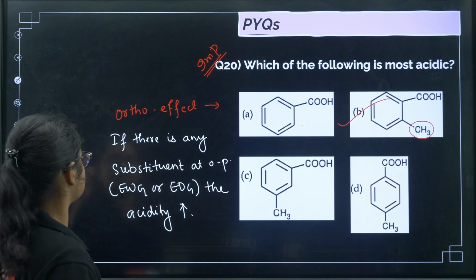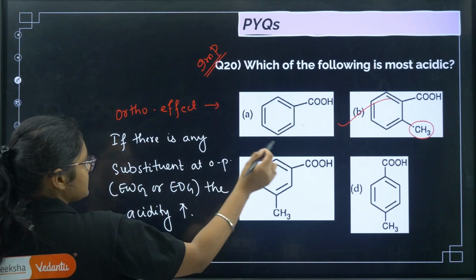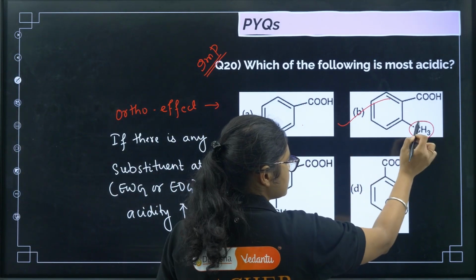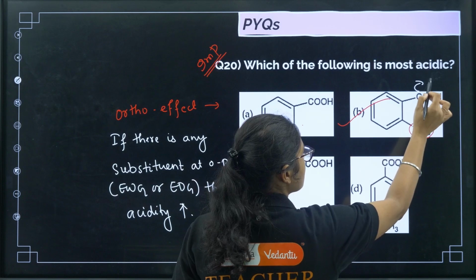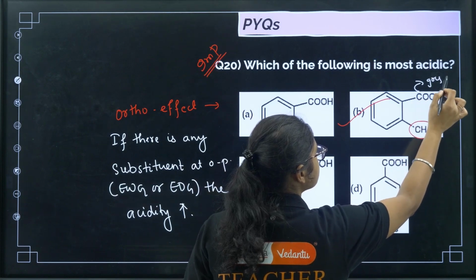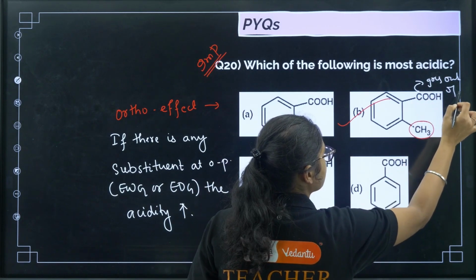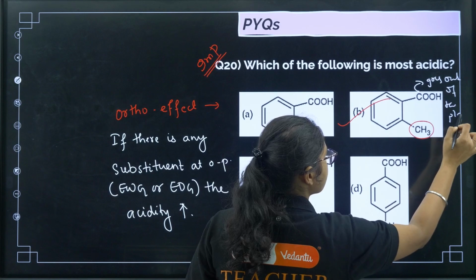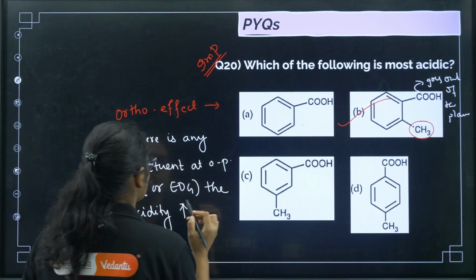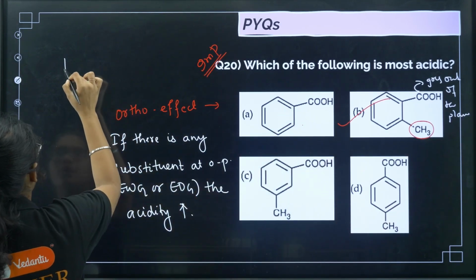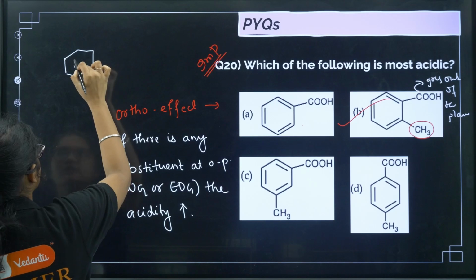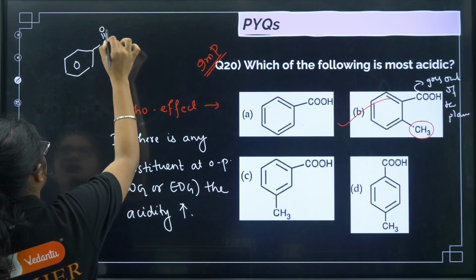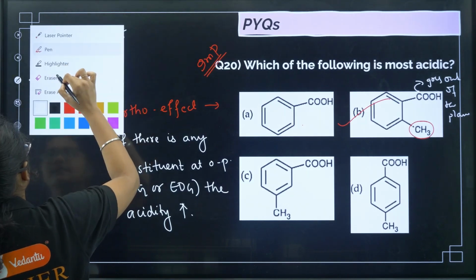Now let us understand the reason for that. Because of steric hindrance, this COOH group goes out of the plane. Earlier, how we used to do the resonating structures for benzene, suppose this is there.